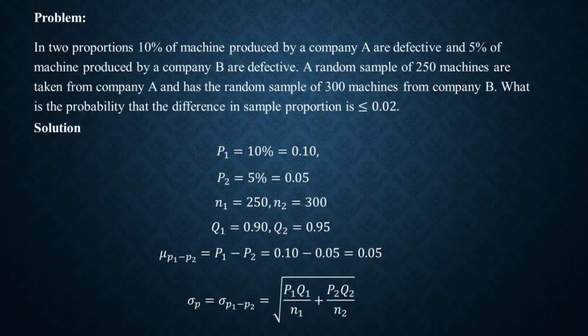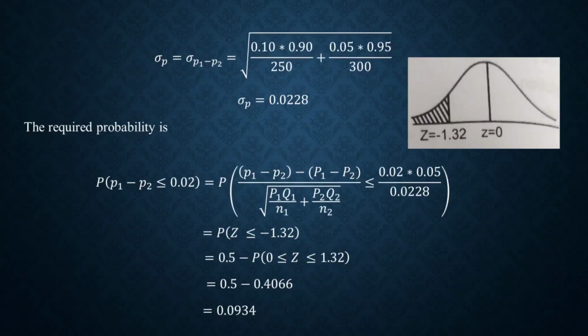Similarly, sigma p is root of P1 Q1 by N1 plus P2 Q2 by N2. Here P1 and P2 values are 0.10 and 0.05 respectively. Q1, Q2 values are 0.90 and 0.95 respectively. And the samples N1, N2 values are 250 and 300. So by substituting the values, we have sigma p equal to 0.0228.